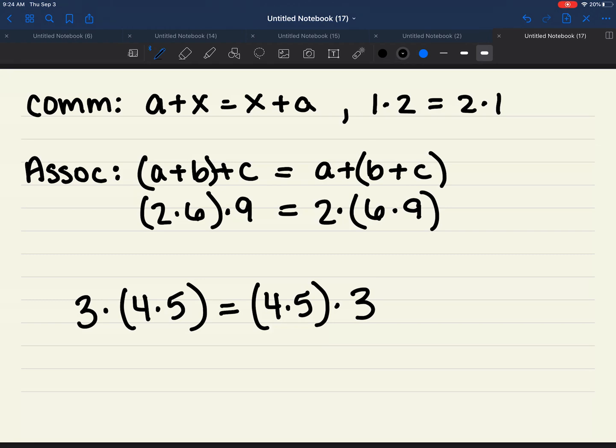Why is it commutative, Reno? Because you change the order of numbers in multiplication. So I took everything in the parentheses and moved it to the front and then switched that with a 3. That's why that shows commutative property, okay? So just be careful about that because that's honestly the biggest mistake that I see people make here, okay?